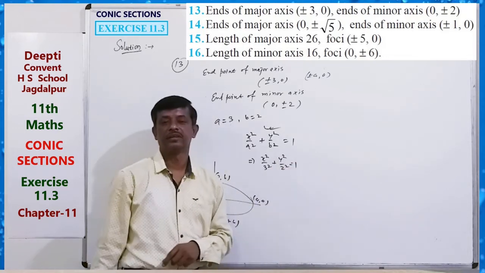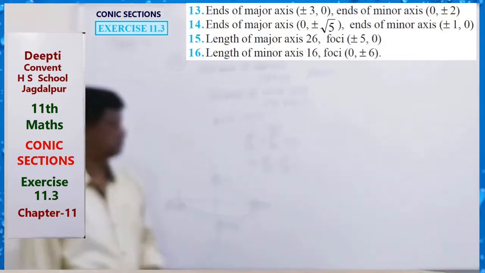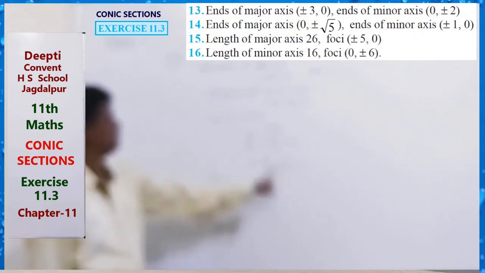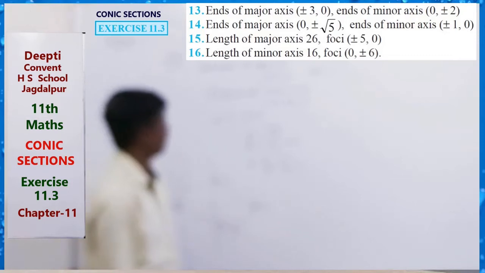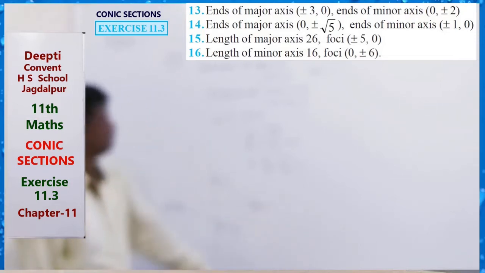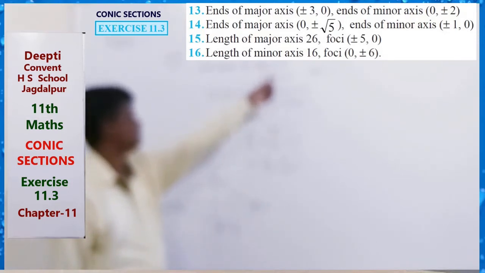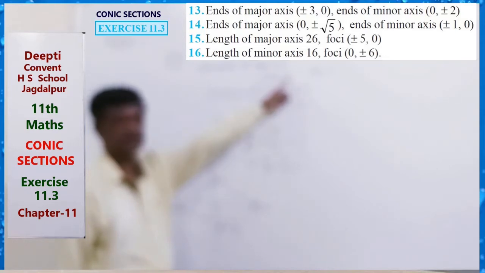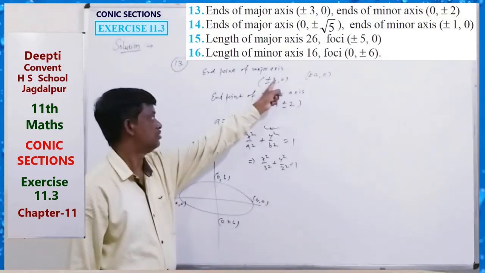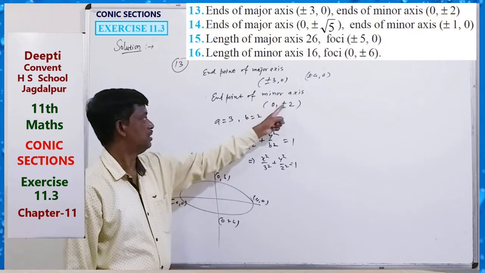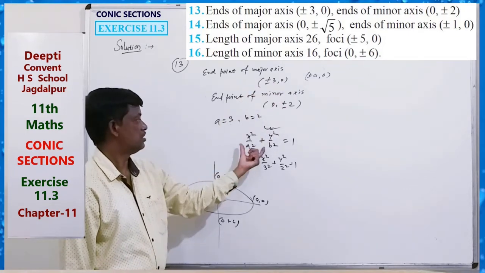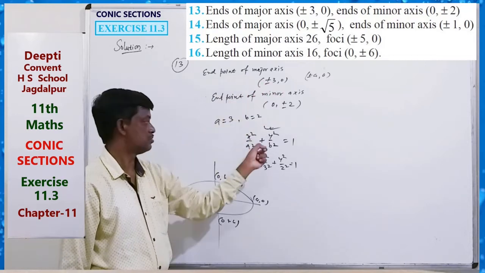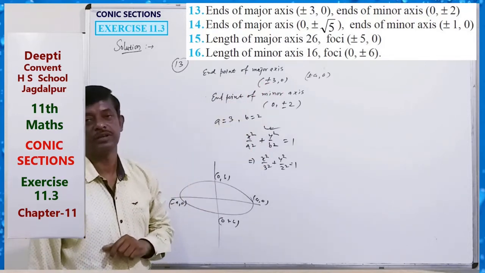So this is the equation of the ellipse in standard format. Clear? Major axis along the x axis, a equals 3, b equals 2. The standard form for major axis along the x axis. So this is the equation of the ellipse.